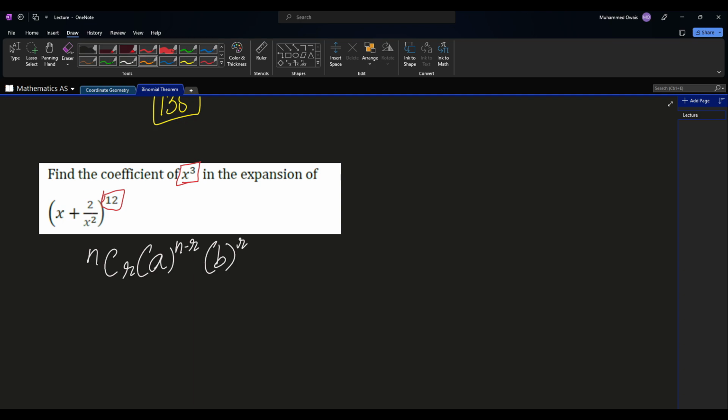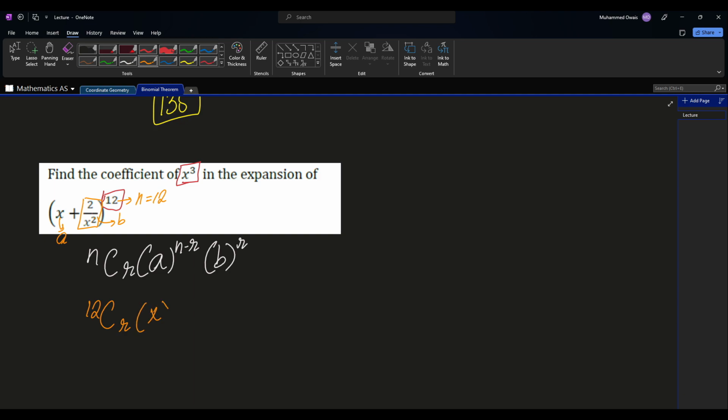Alright, so let us first know what our n is. n is 12. a is x. And b is this whole term 2 over x squared. So this is our b. Now n is 12. 12Cr, r is r. We do not know r yet.